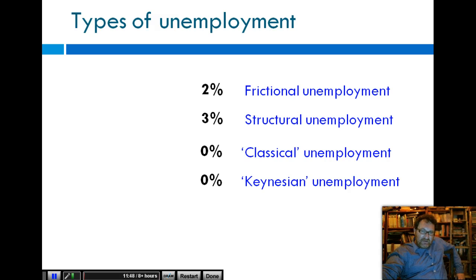And let's say the number of people who are unemployed simply because the economy is in a recession and firms are simply not hiring because they don't believe they'd be able to sell the product, let's say that type of unemployment is also 0. The only reason that people are unemployed, let's say, is because they're shifting between jobs or they lack the appropriate skills and training. In which case, we'd say that the unemployment rate overall is 5%.